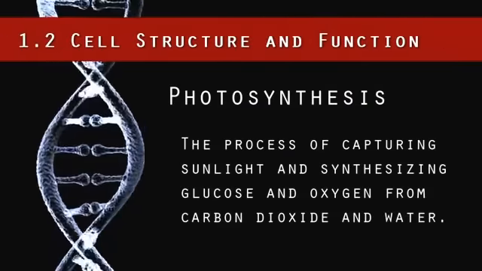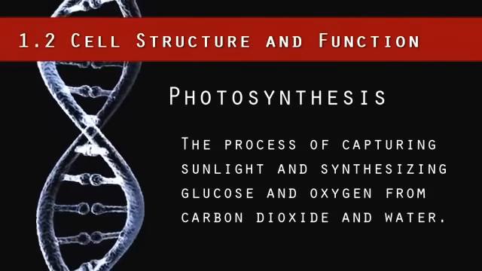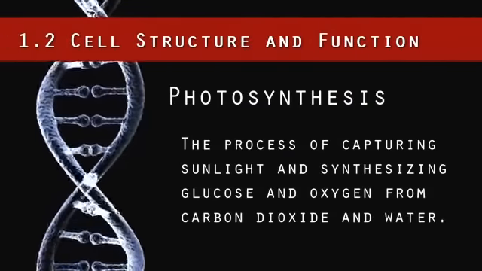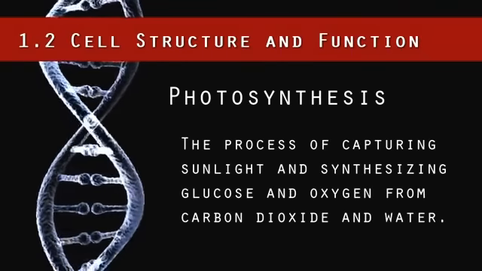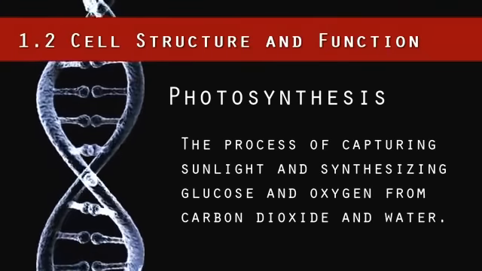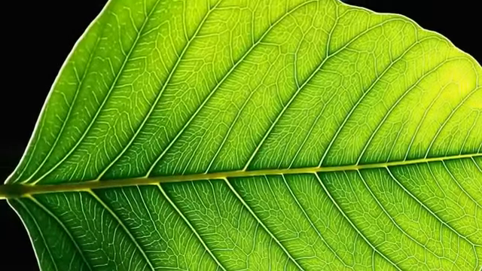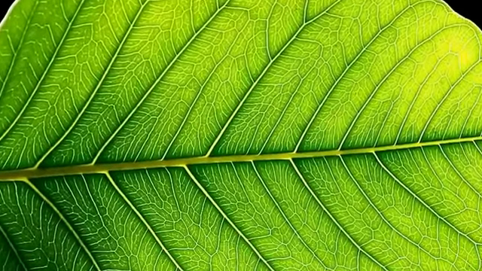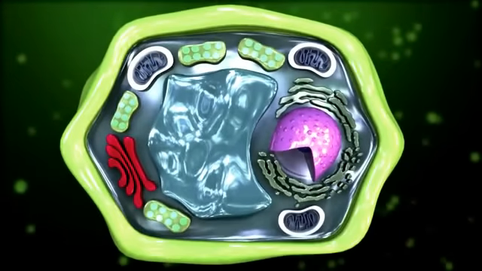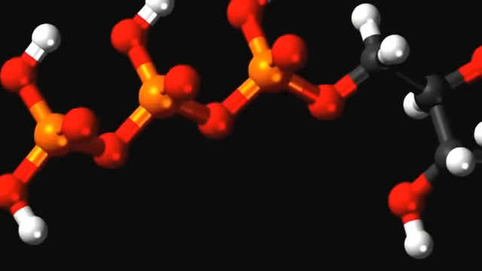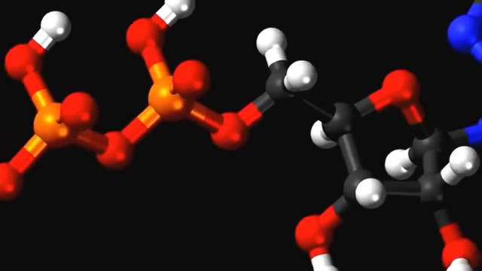Photosynthesis is the process of capturing sunlight and synthesizing glucose and oxygen from carbon dioxide and water. Photosynthesis is one of the most important biochemical pathways since nearly all life on Earth depends on photosynthesis as a source of energy. Animals metabolize the glucose from a plant source to produce ATP, the energy currency of the cell.